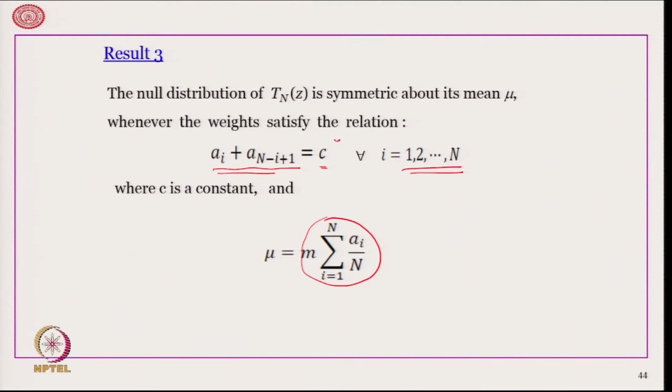So, let us look at it very carefully. It is saying a_i plus a_(N minus i plus 1) is equal to c. So, put i is equal to 1.